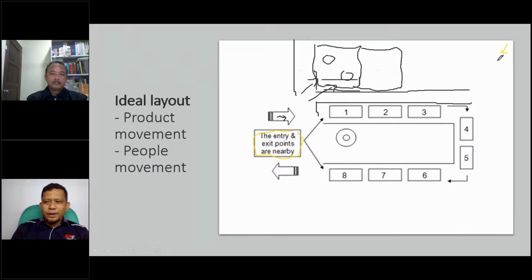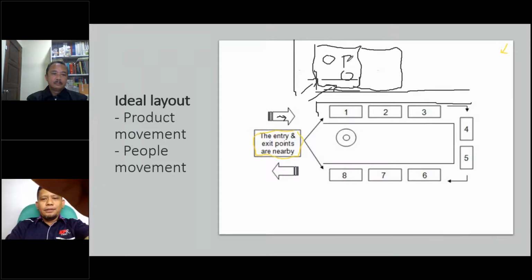The people movement has to go here. So if we can, all the raw material should be nearby to the entrance. And then where should we put our finished goods? So this is the raw material. And then our finished goods, if necessary, should be around here.